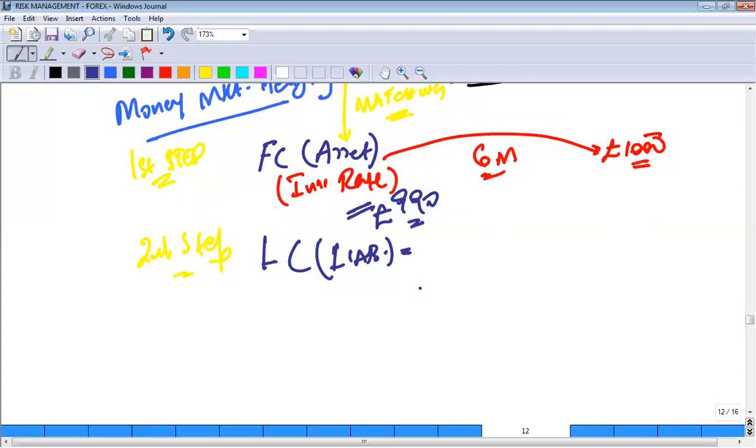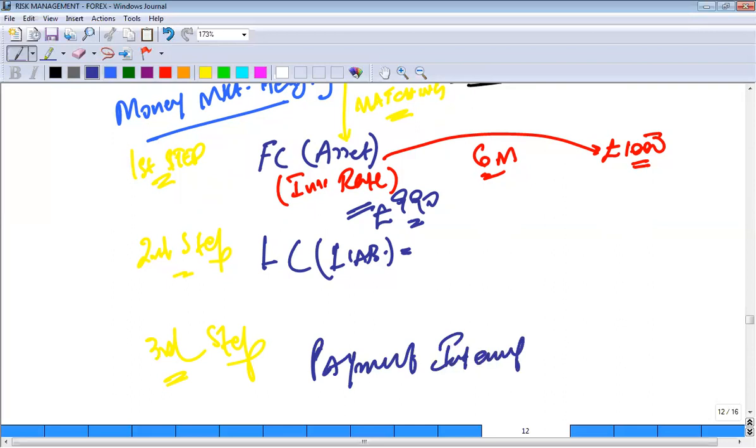This is the point you have to consider. And third step, we have to pay interest over the time.